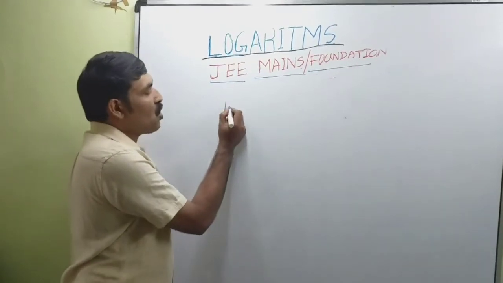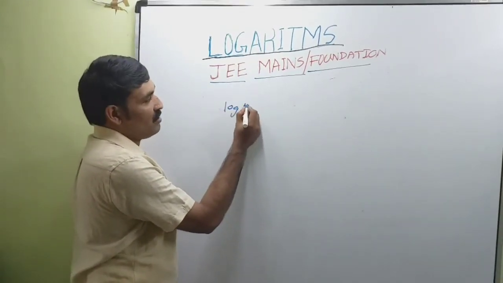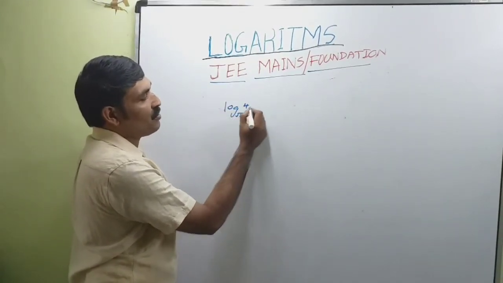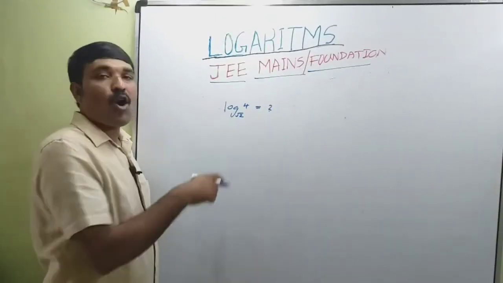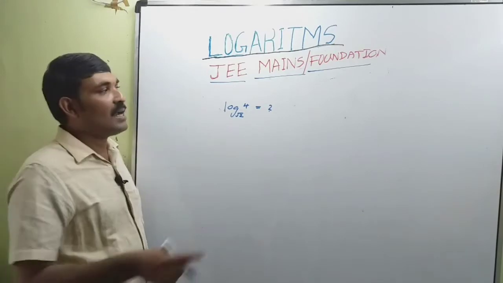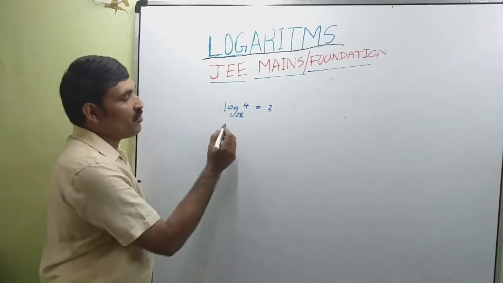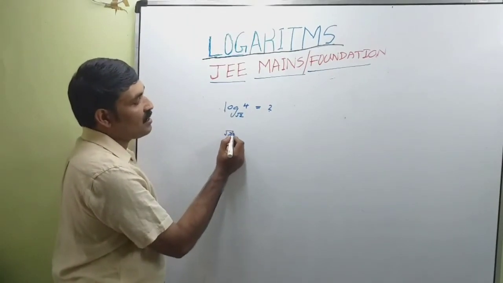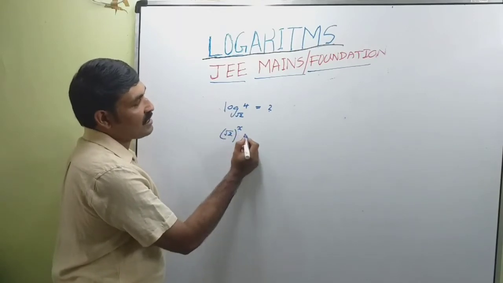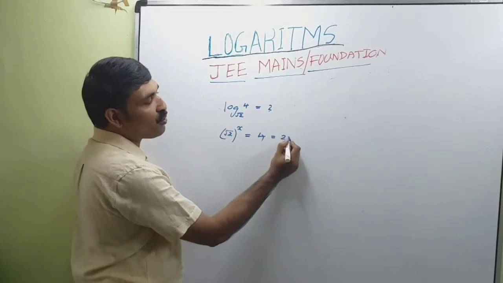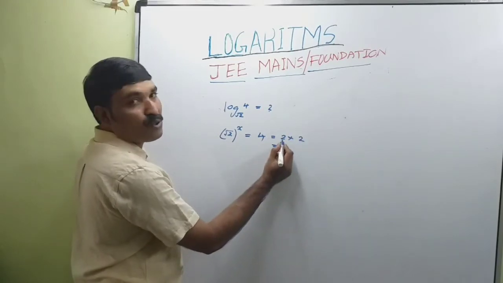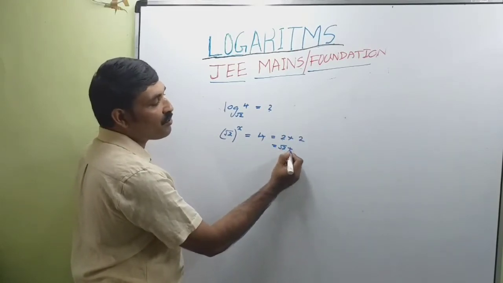Now log 4 to the base root 2 is equal to what? What does this indicate? How many times is root 2 multiplied so as to get 4? We can write in exponential form: root 2 raised to x is equal to 4. 4 means 2 into 2. Again 2 can be written as root 2 into root 2.